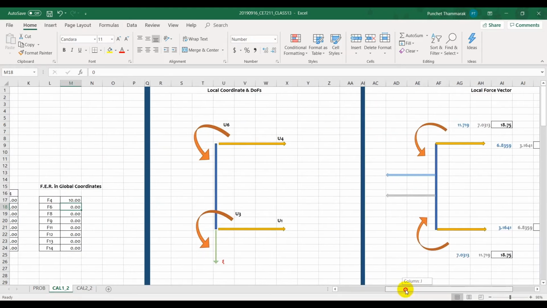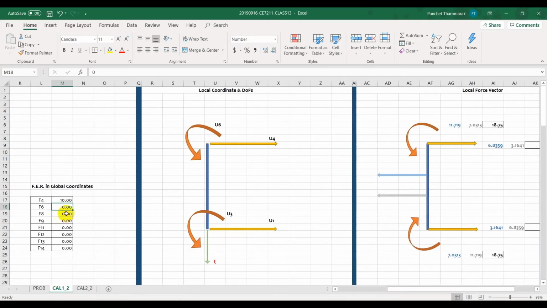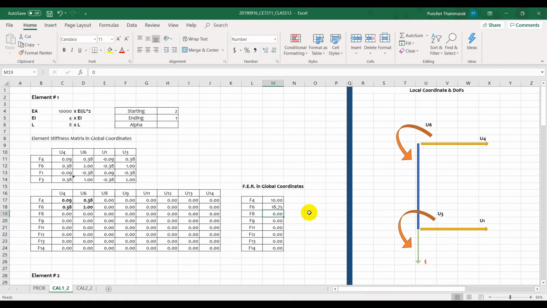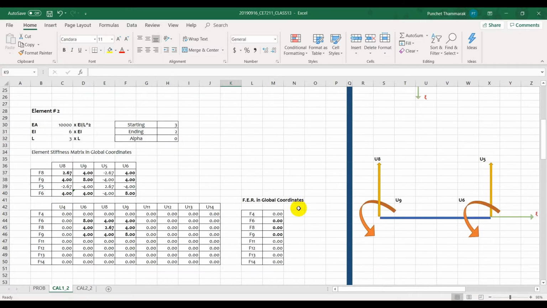U3 is negative, so we go with F6, which is 18.75. For U3 and F3, you don't have them in the equilibrium equation because it is at the support, so we take them out and we highlight over here both faces. Done with the force vector for A.